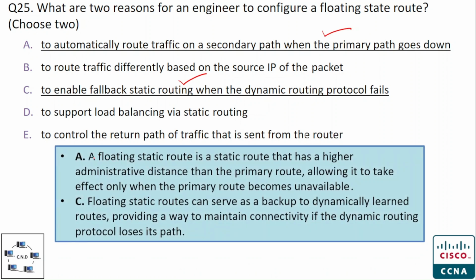So option A is correct because a floating static route is a static route that has a higher administrative distance than the primary route, allowing it to take effect only when the primary route becomes unavailable. Option C, floating static routes can serve as a backup to dynamically learned routes, providing a way to maintain connectivity if the dynamic routing protocol loses its path.